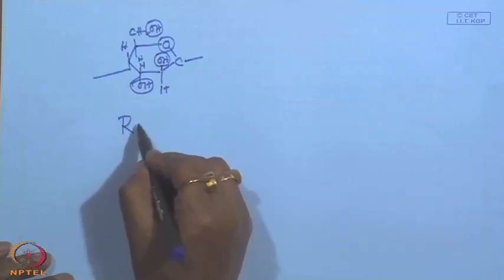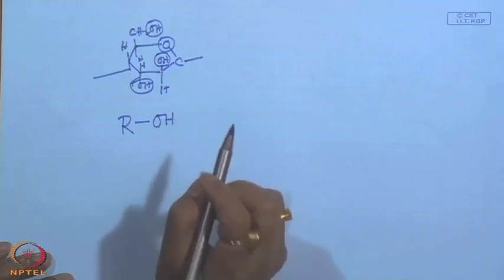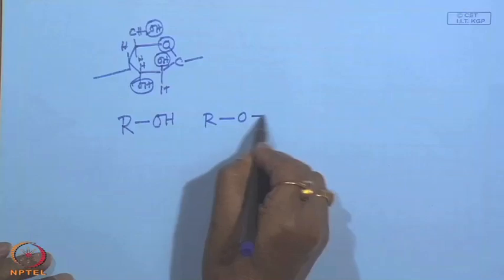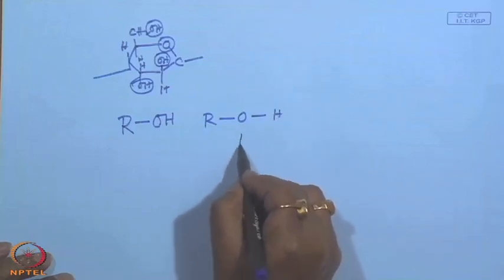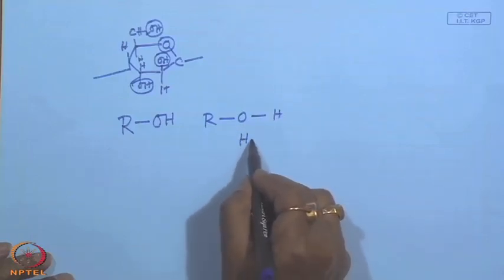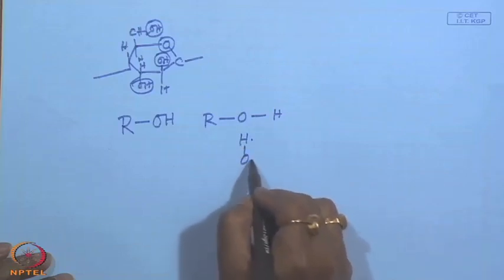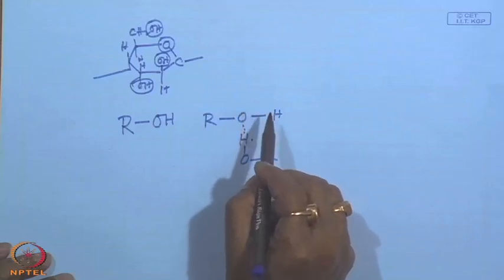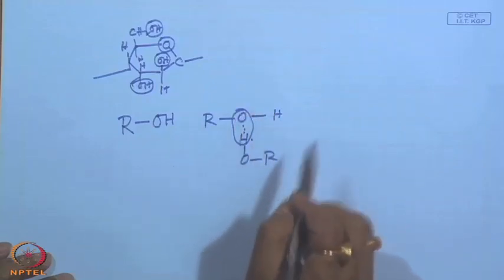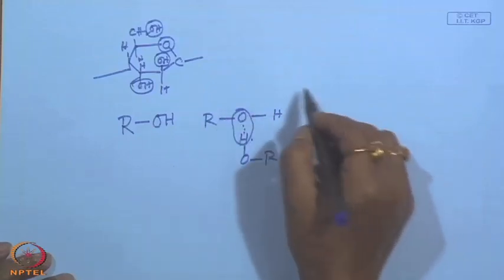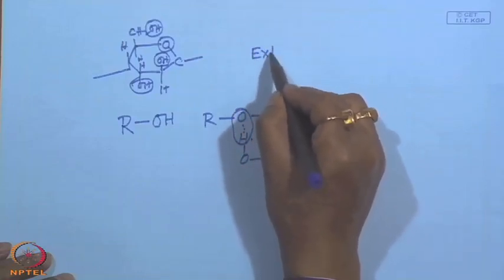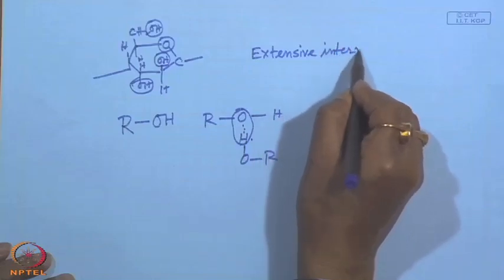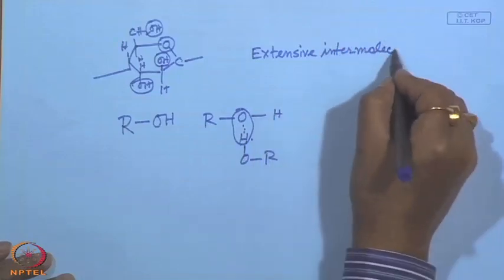So, if we represent this cellulose as ROH, then another ROH can be written this way. So, this oxygen and hydrogen can initiate this hydrogen bond. So, in the case of cellulose there are extensive hydrogen bonds.